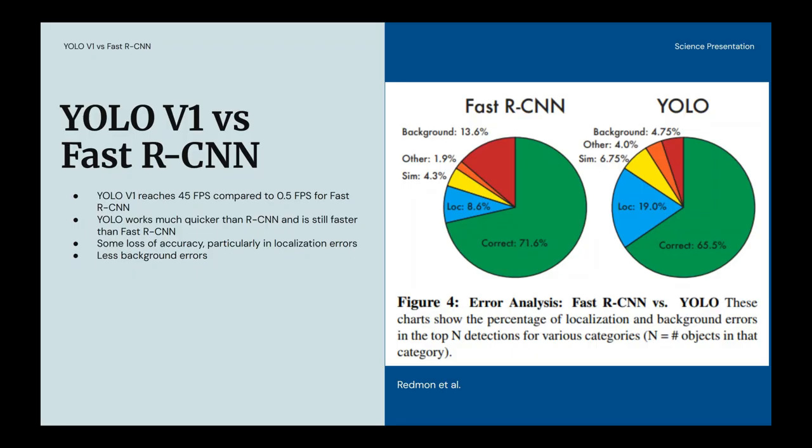But in particular, you can see that most of the incorrect detections that the YOLO model makes are localization errors, which means that the object is present in the image, but the model has misplaced the bounding box.